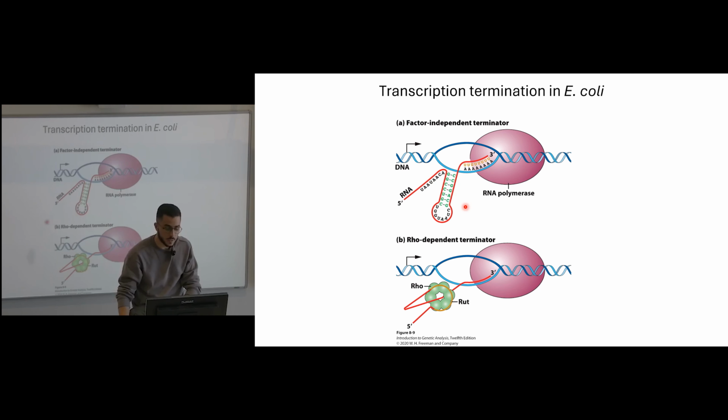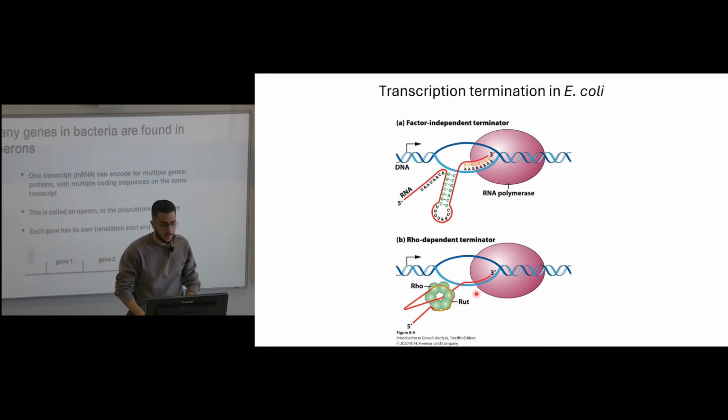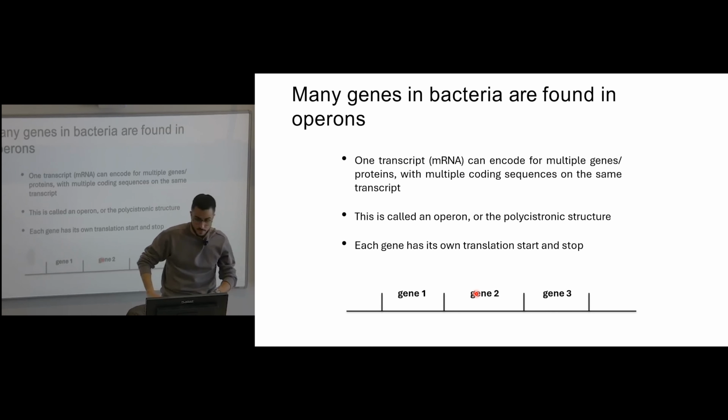So there will be proteins that will come and destroy this, okay? This one here will just follow the RNA polymerase, and it goes faster than it because it has a helicase function, and it will kick it out. Crazy, this RNA polymerase there. Okay, what else?